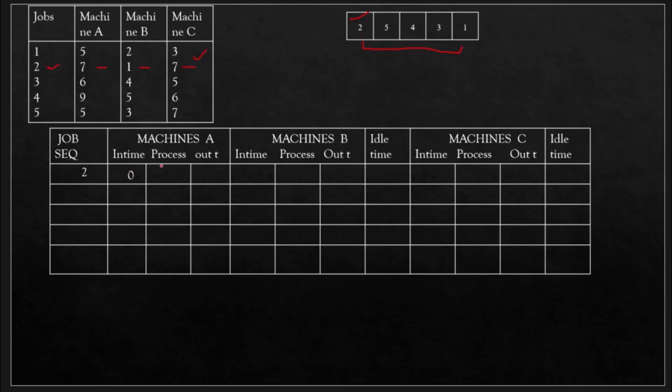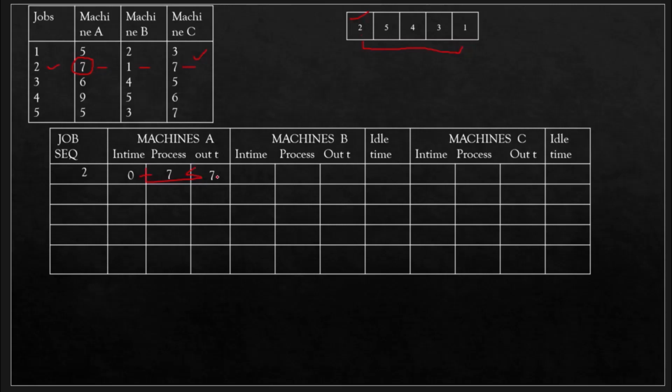For machine A, job 2, the process time is 7 hours, so we'll place this 7 in the process time. Out time means once the process is completed, we get the product out. So here the out time is 0 plus 7 equals 7.